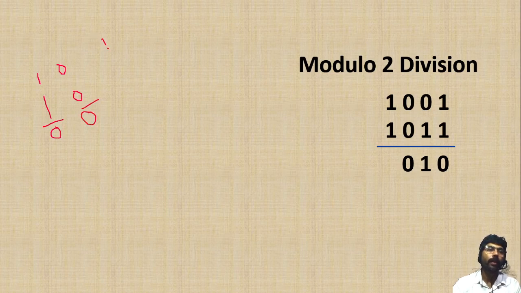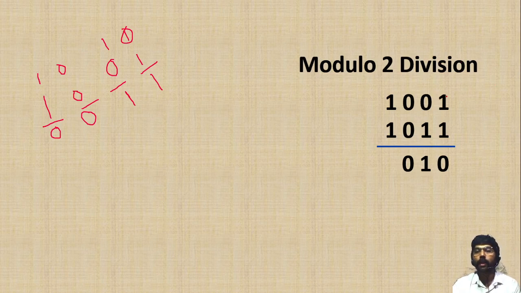If the bits are different, for example 1 0 or 0 1, in this case the output is 1. So when both bits are the same, the output is 0, and when both bits are different, the output is 1. This is called modulo 2 division.